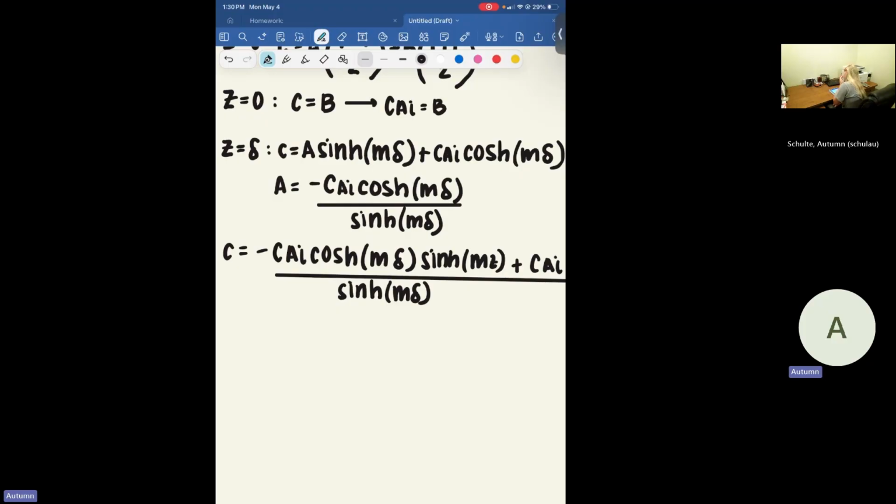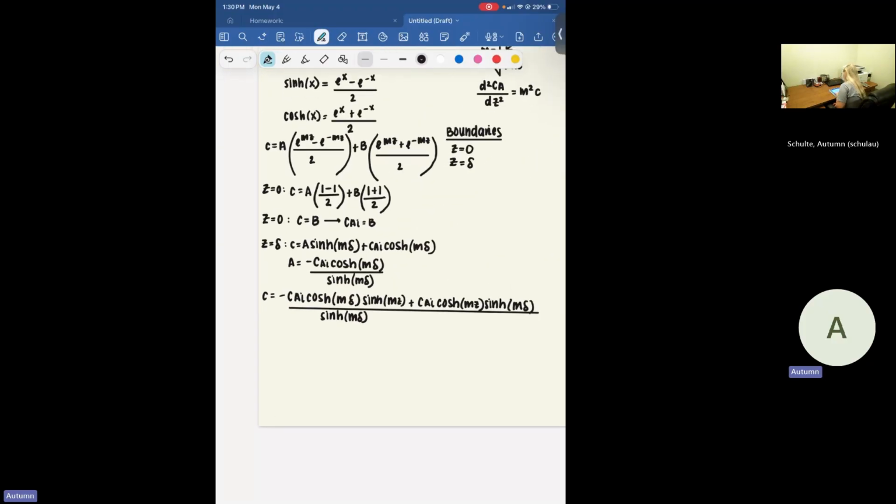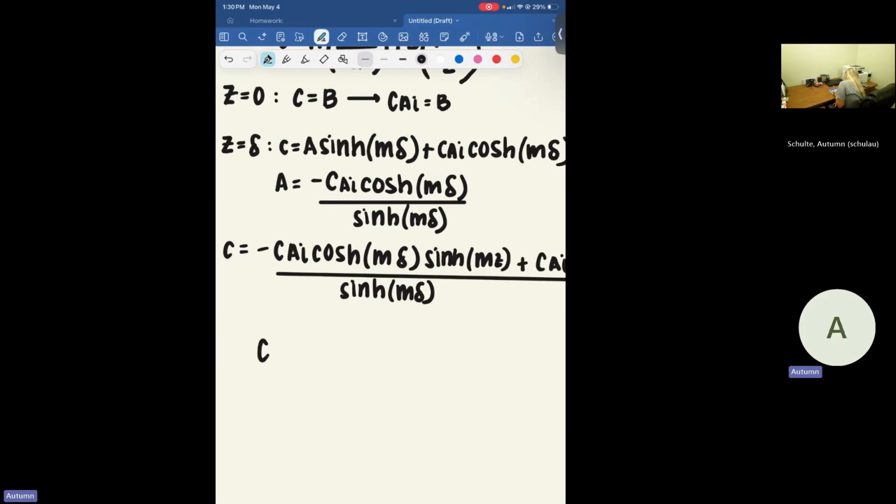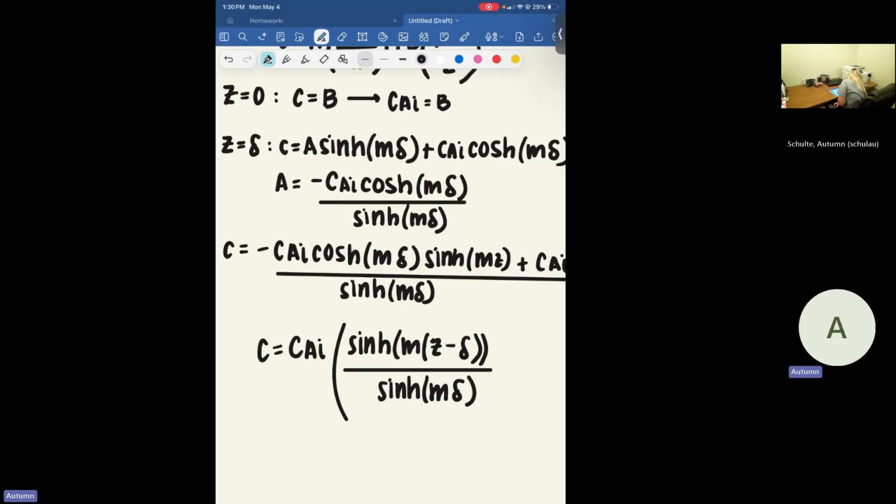So if we use those relationships to simplify this long equation down, we can find that C is equal to the concentration at that interface multiplied by the hyperbolic sine of m multiplied by z minus delta, divided by the hyperbolic sine of m delta.